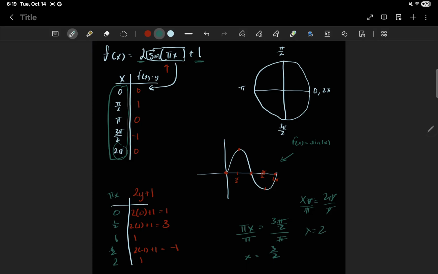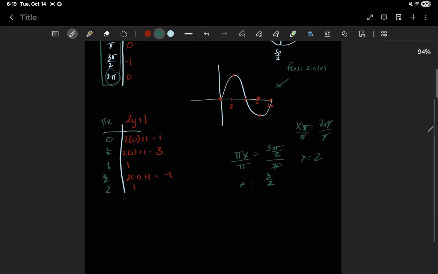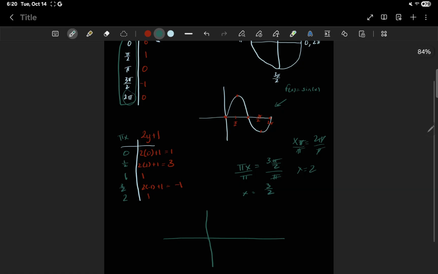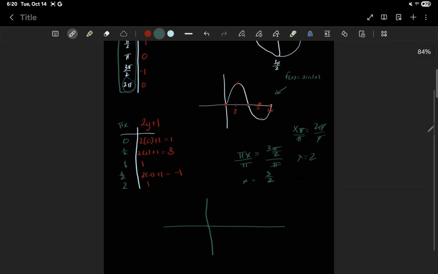So now we have our new transformed sine graph. We can even draw the picture relatively the same. It's just that now, rather than using 0, pi over 2, pi, 3 pi over 2, and 2 pi as our x values, we're going to use 0, 1/2, 1, 3/2, and 2.